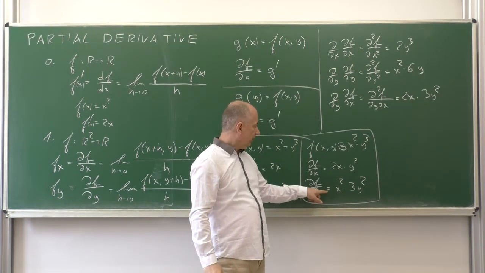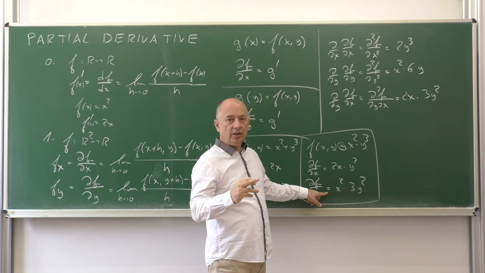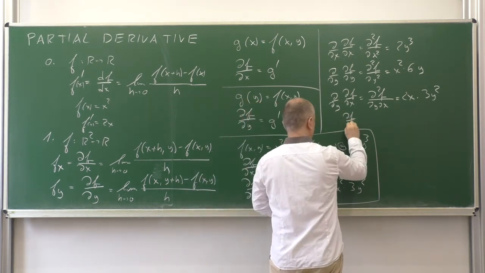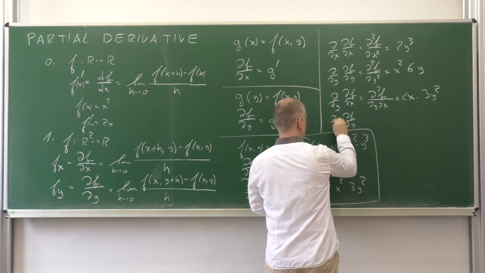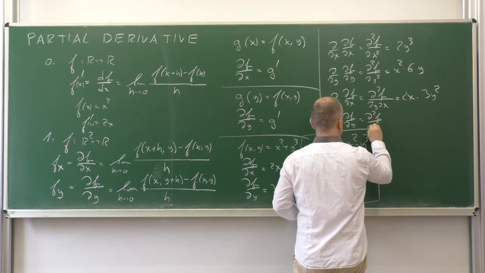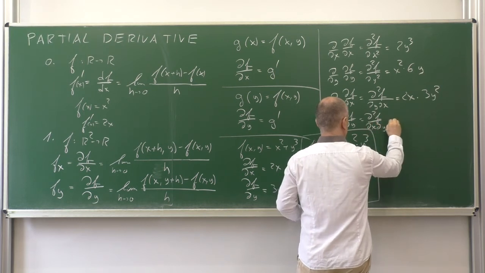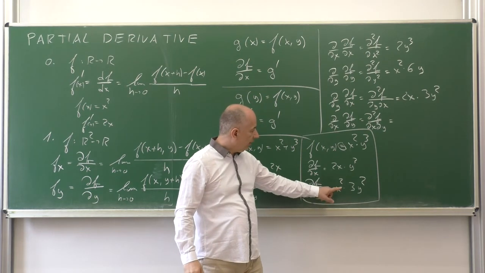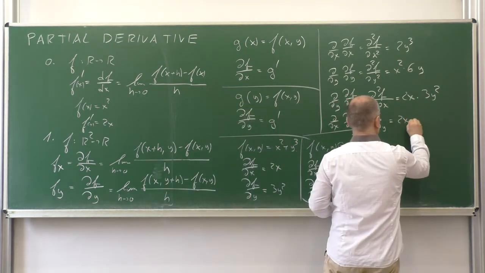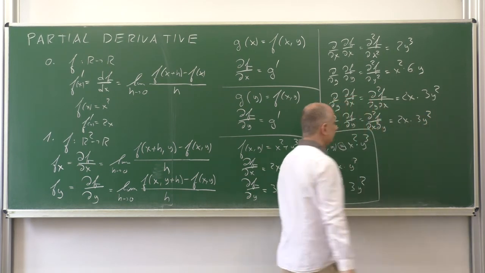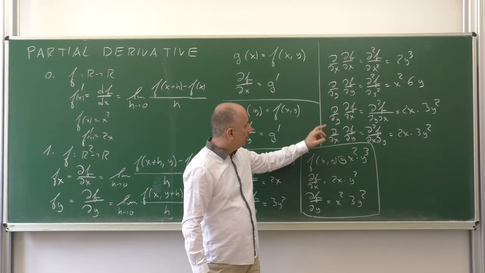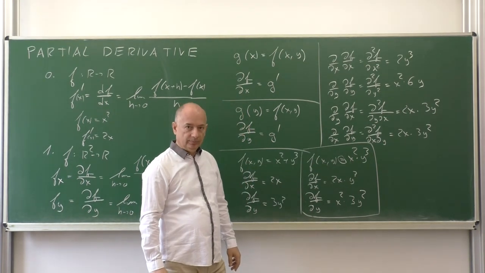Or we can take this derivative and we can differentiate with respect to x. Which is written d2f dx dy. And then we have 2x times 3y squared. Well, and as you can see, in this case, the mixed derivatives are equal.